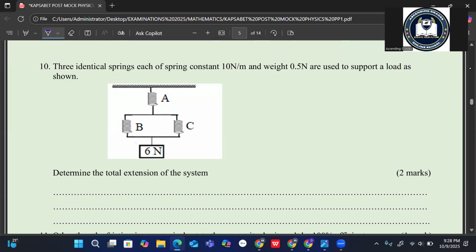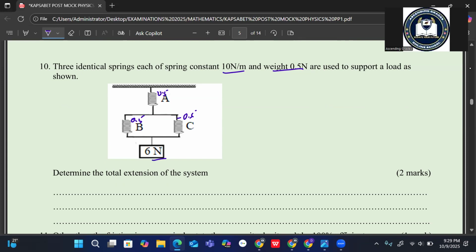We are told that each spring weighs 0.5 newtons. You are asked, what will be the total extension? We have a spring constant of 10 newtons per meter, and a load weight of 6 newtons.